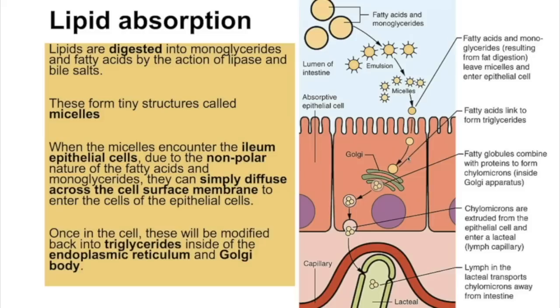Once in the cell, these will then be modified back into triglycerides inside of the endoplasmic reticulum and the Golgi body. And then they can form vesicles and be released from the cell into the lacteal and be transported around the body.